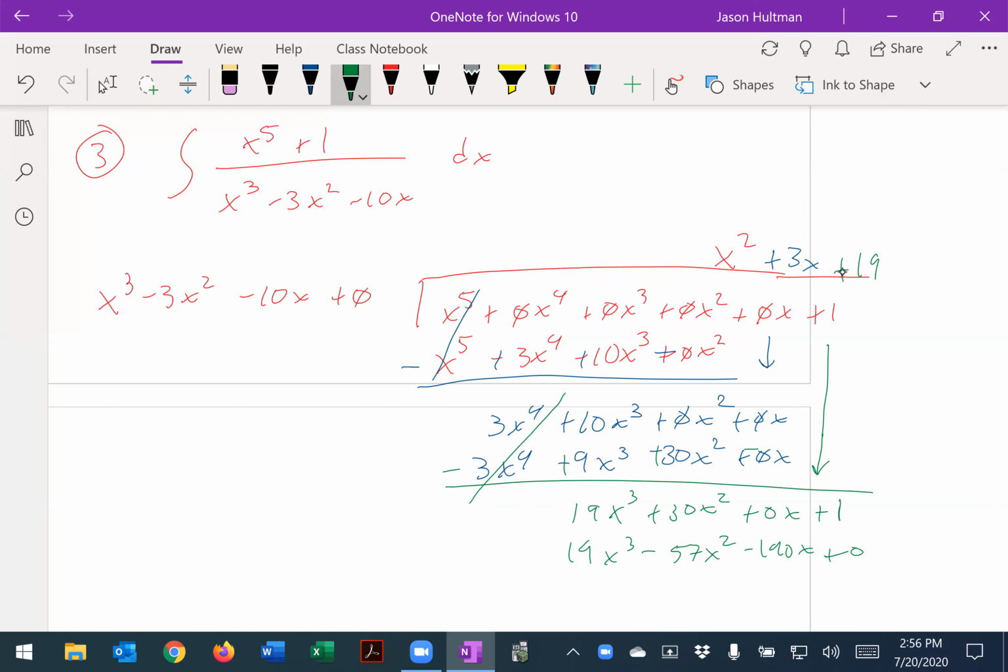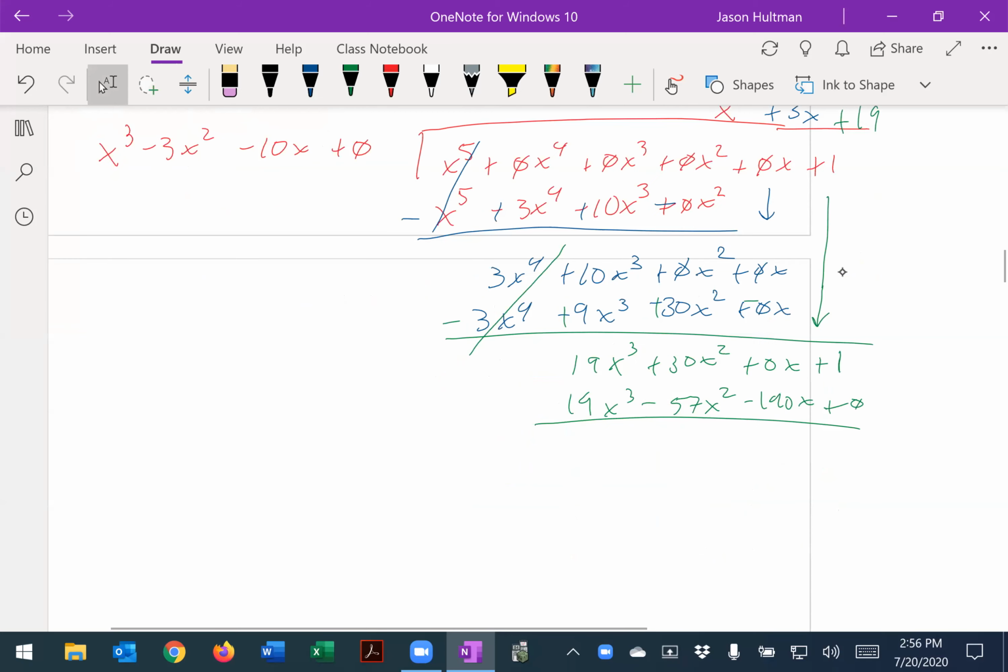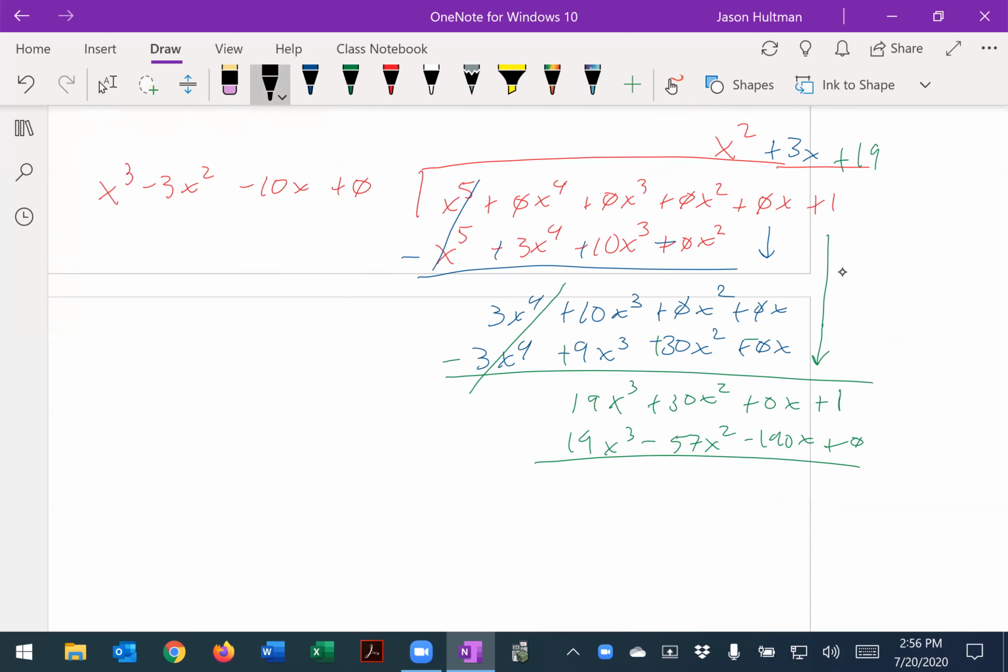And so we're going to change the sign and add, and we're going to get 87x squared.